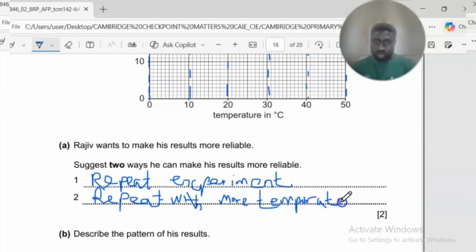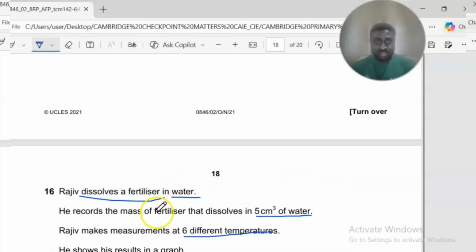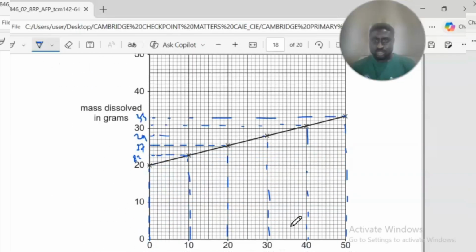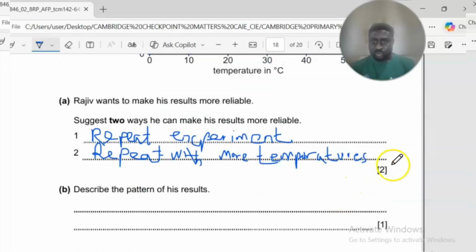And any other analogy you can make from that introduction here. Okay, with that, I believe you are able to get the correct response and you earn 2 marks.